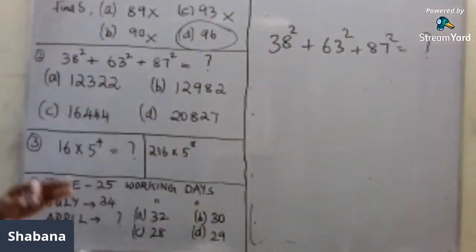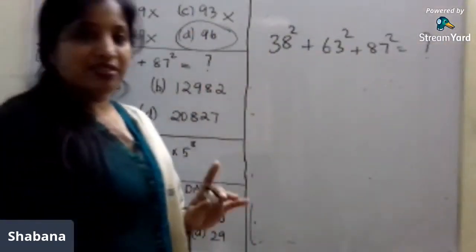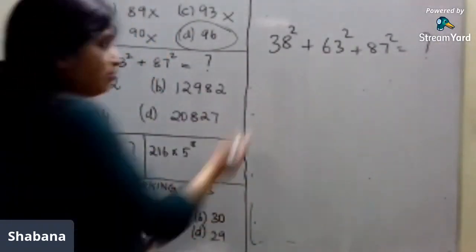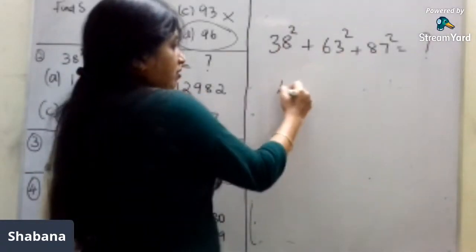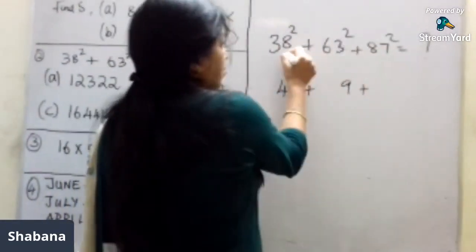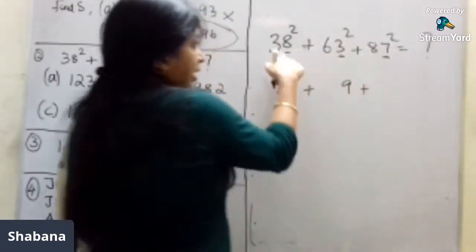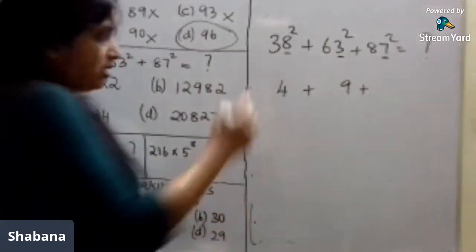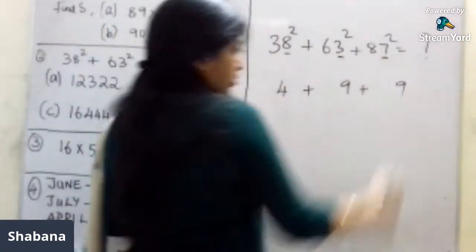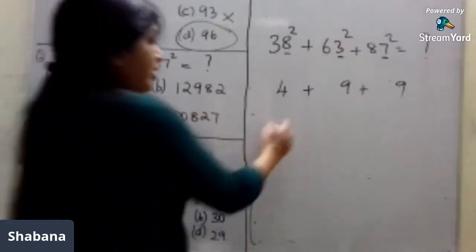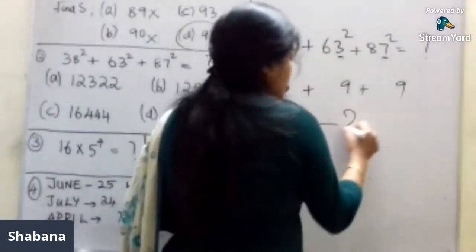Now, let's apply the same strategy. 8 square ends in 4, 3 square is 9, and 7 square also ends in 9. I'm taking only the units digit. So 9 and 9 is 18, 18 and 4 is 22. So ultimately my last digit should be 2.